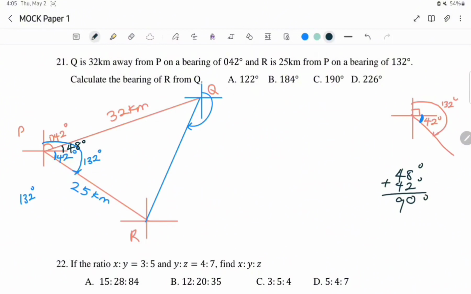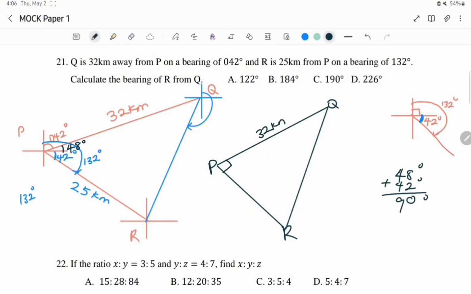So if I'm to sketch the diagram again, R, P, Q. That means right now this is 90 degrees, this is 32 kilometers, and this is 25 kilometers.